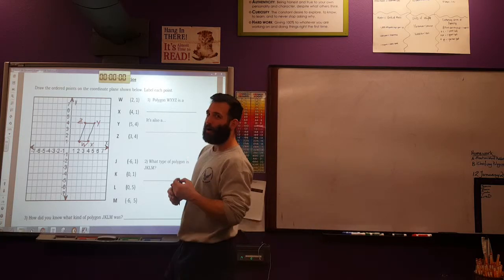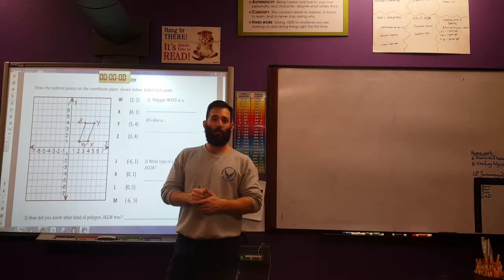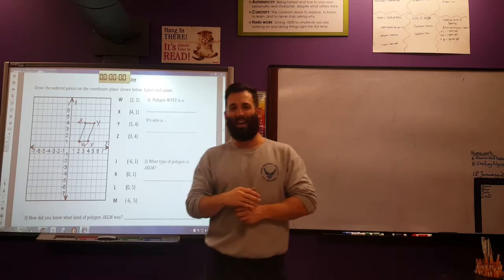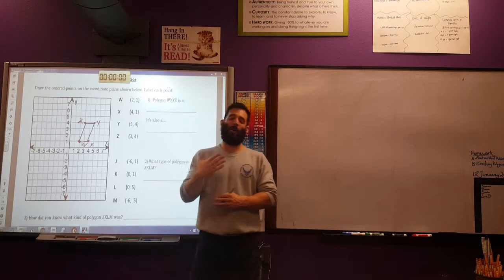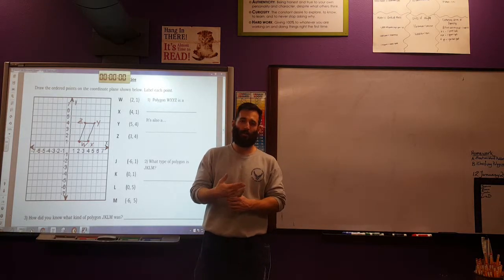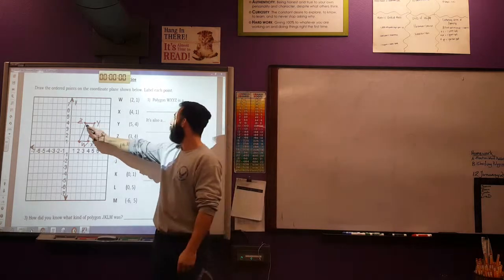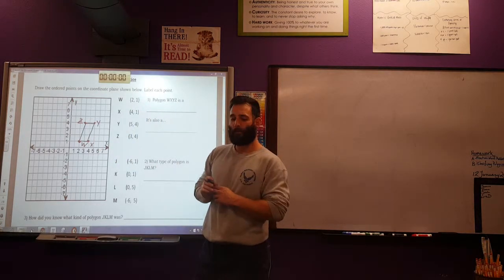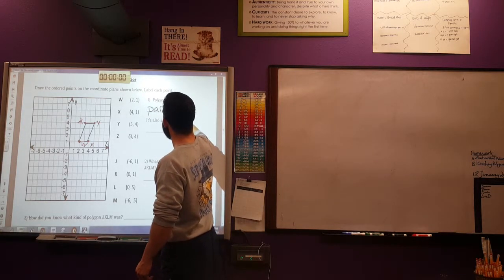So right now I have two sets of parallel lines whose opposites are equal in length. So I know that it could be a number of different things, but it's only got two shapes. So I know that the first polygon that it is a parallelogram.